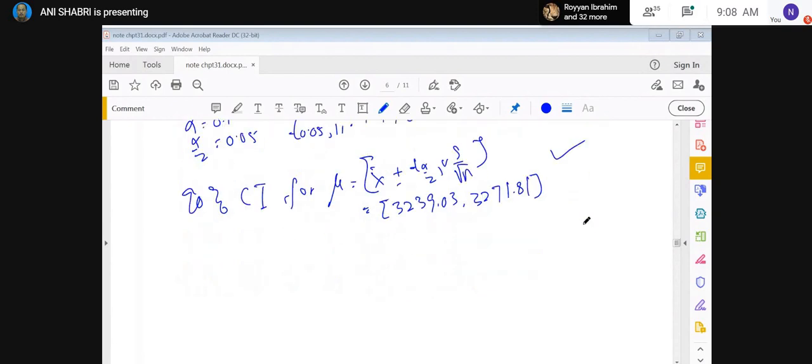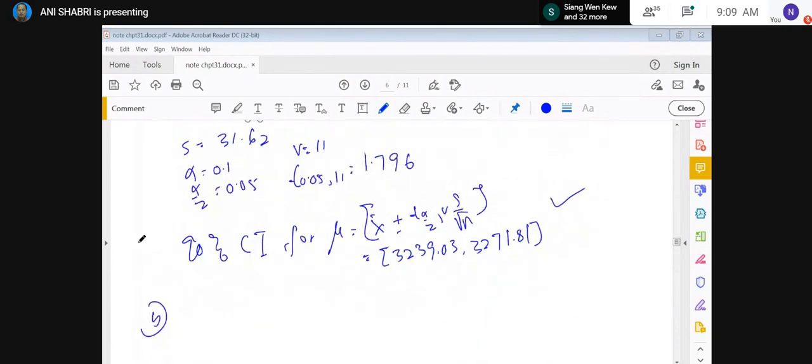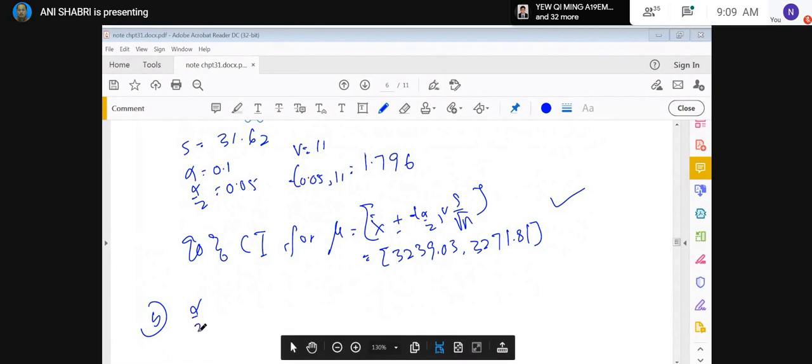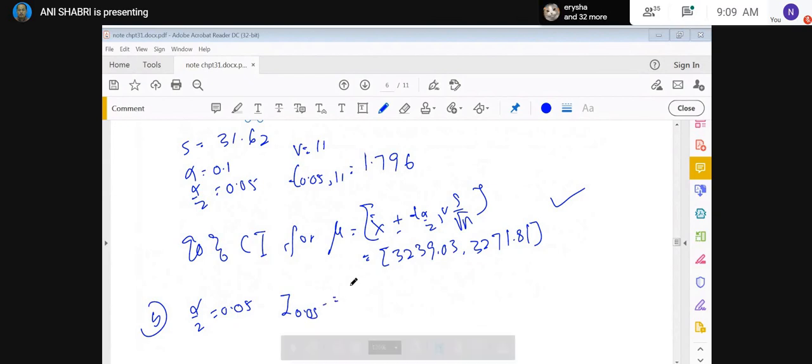Okay, number 2, part B. Using the Z distribution because n is greater than 30. Alpha is the same, 0.1. Alpha divided by 2 is 0.05. Z 0.05 is equal to about 1.645.